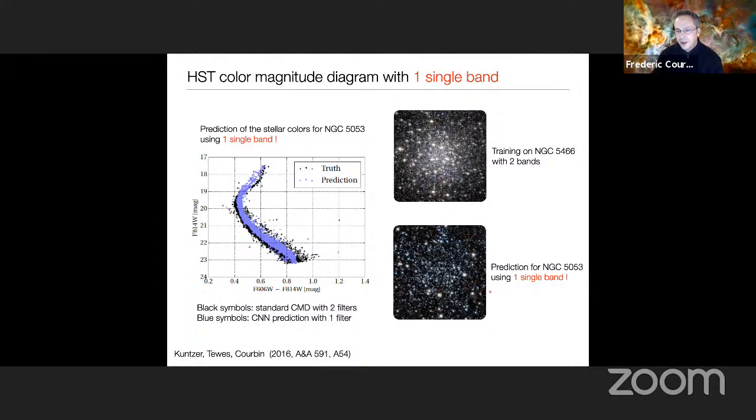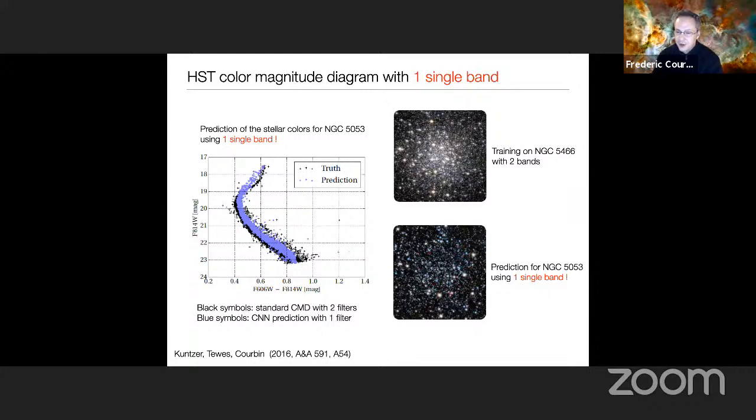Then we take a different open cluster in one single filter, and we do two experiments. First, we do the color magnitude diagram by classifying the stars with one single filter. That's the blue diagram here. And then we compare to the diagram that you would have using two filters.